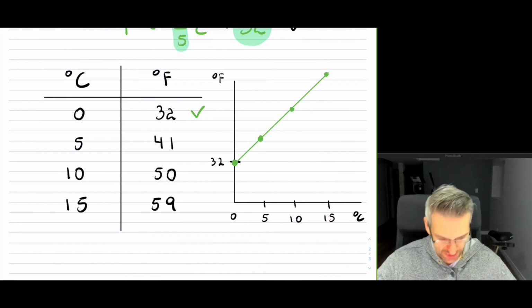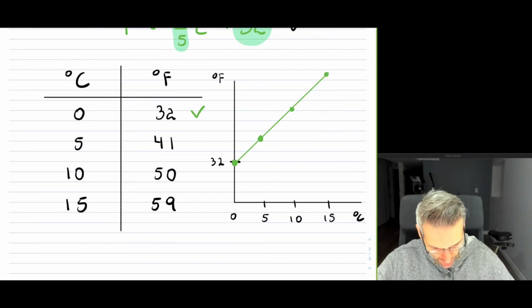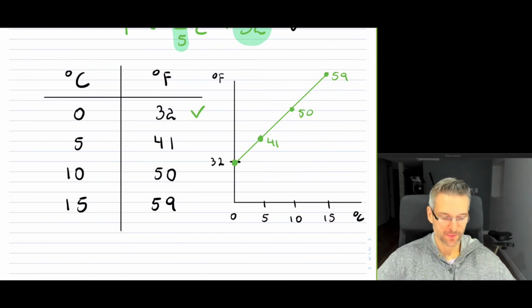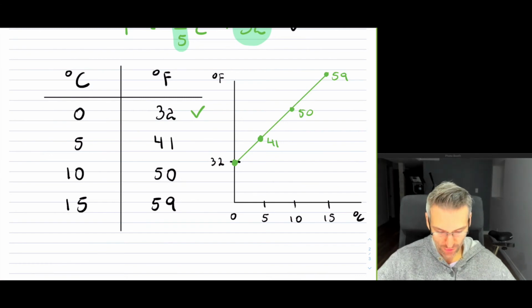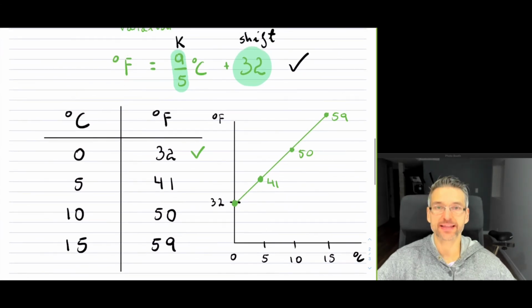You have these points, where this would have been 41, this would have been 50, this would have been 59, and it would continue on as you progress. So that's a partial variation example with temperatures.